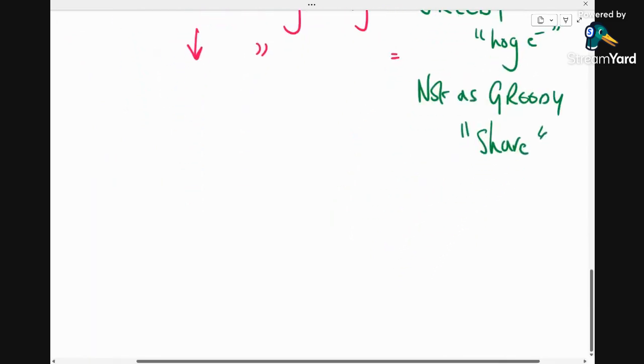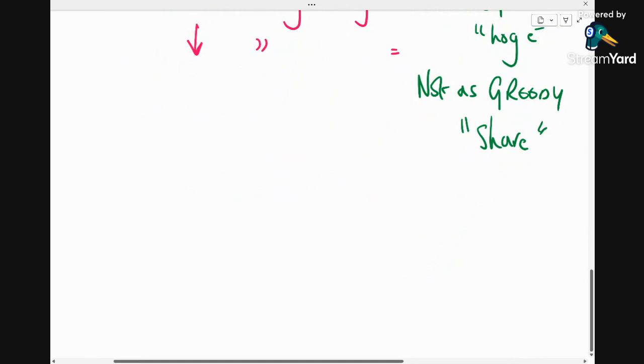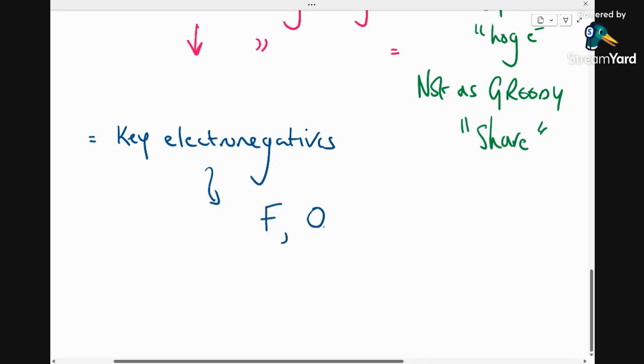Now, not all atoms have the same electronegativity value. The key ones that you need to know, so the key electronegatives that really do this well are fluorine, oxygen, and nitrogen. These are the ones you need to know.